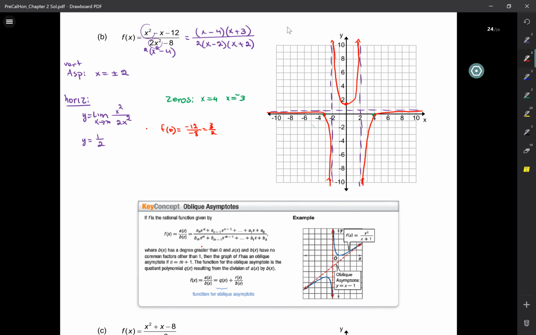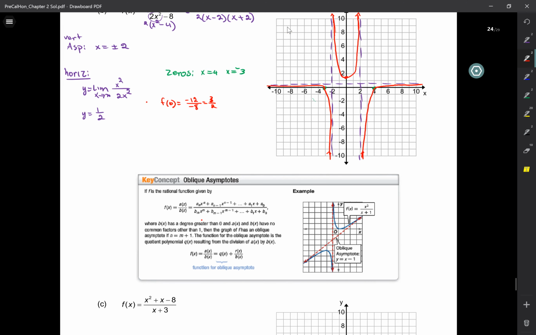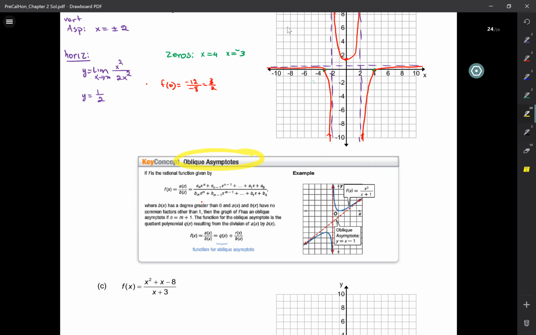All right, so there is one other thing, which is an oblique asymptote. Remember we said if the numerator has a higher degree, then there is no horizontal asymptote. Well, in that case, there is an oblique asymptote.